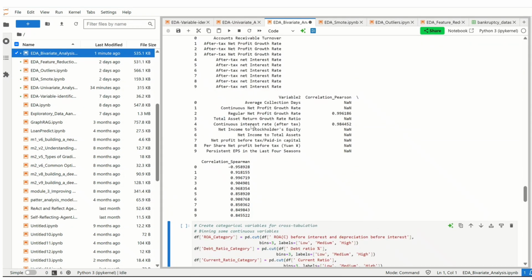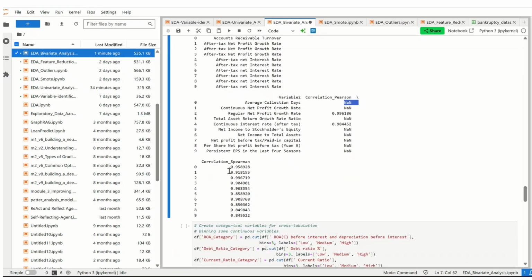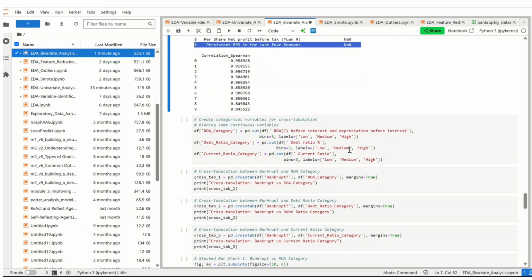You can see that for some variables Pearson says nothing, but Spearman shows a negative relationship of -0.95. So there is a lot of difference in the correlations, a lot of variables where Pearson is not able to detect the correlation, but Spearman could detect it, right?